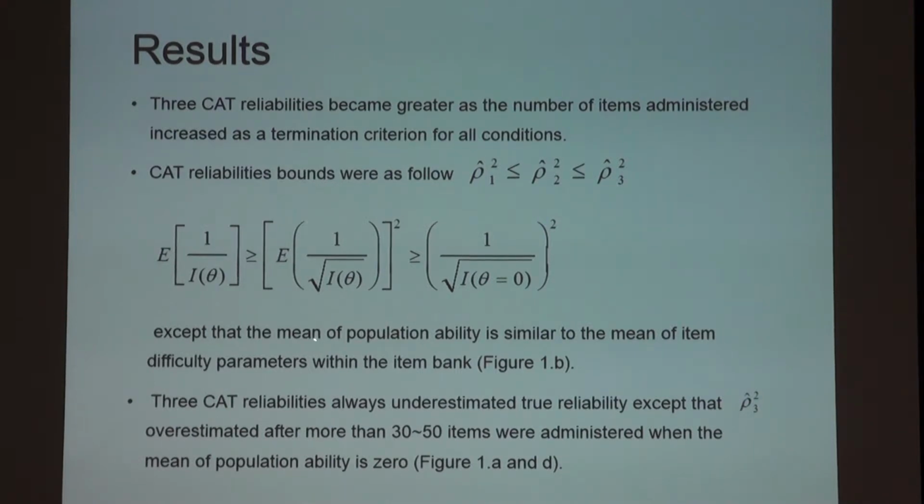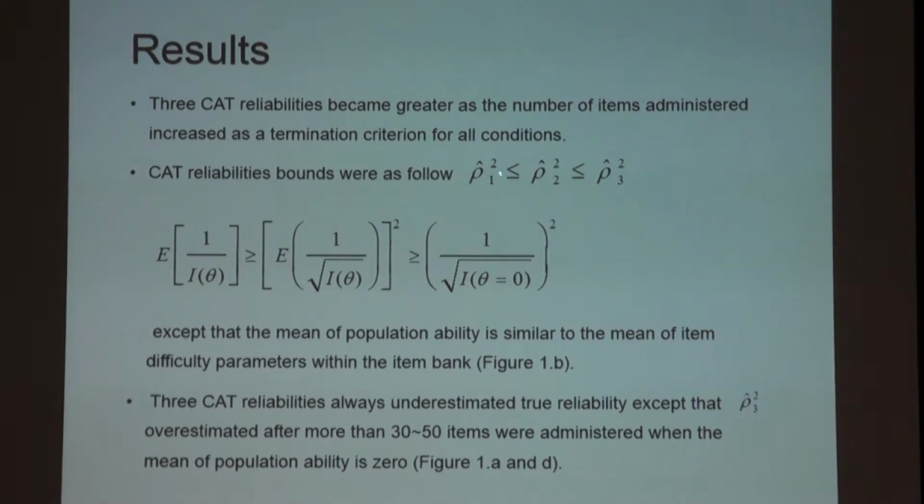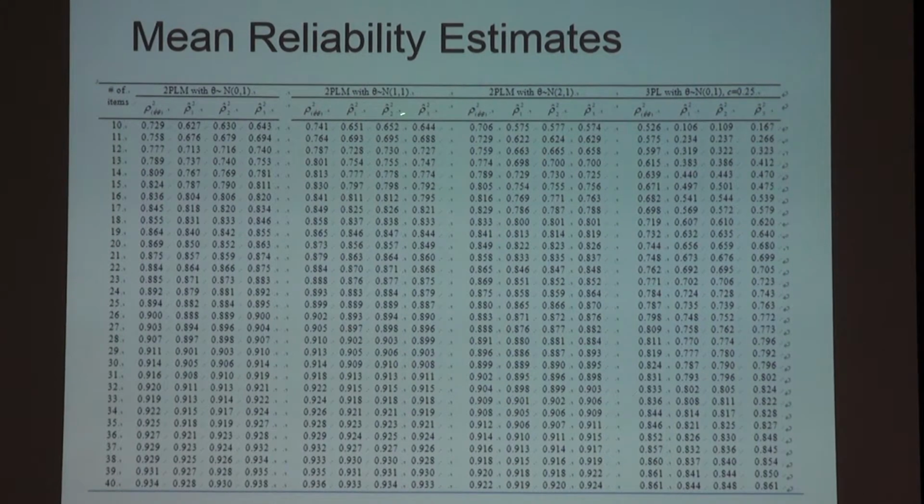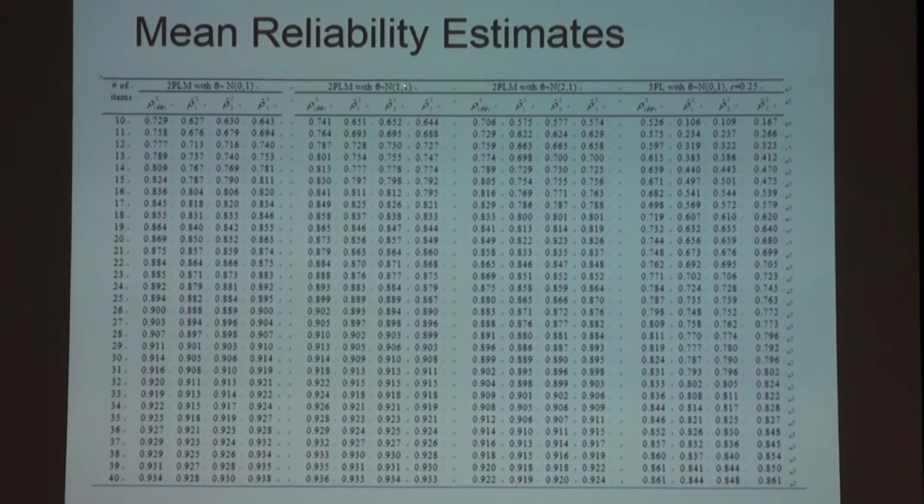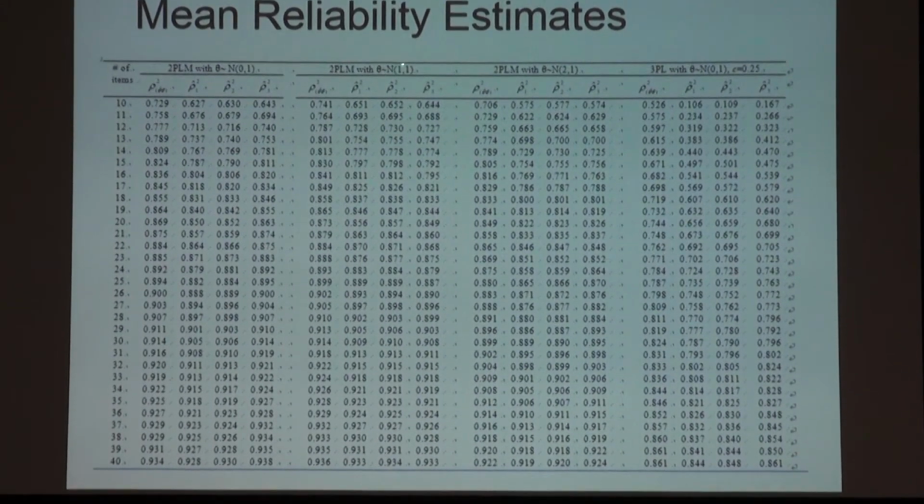But the mean of population ability is similar to the mean of item difficulty parameter within the item bank to estimate. Sometimes this sign is opposite. As you can see, look at that. Mean population equal to the average item parameter.